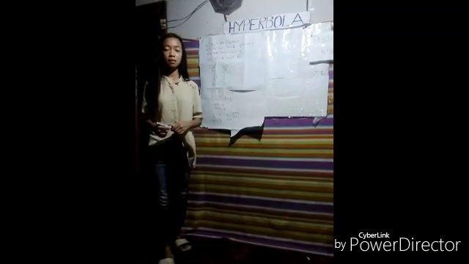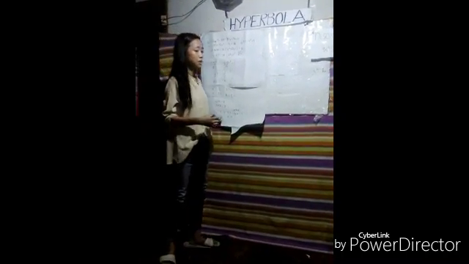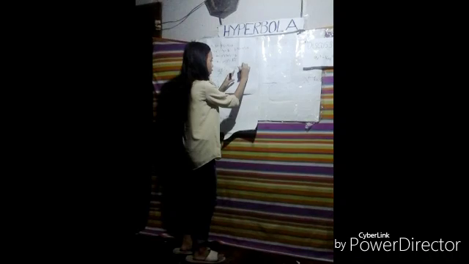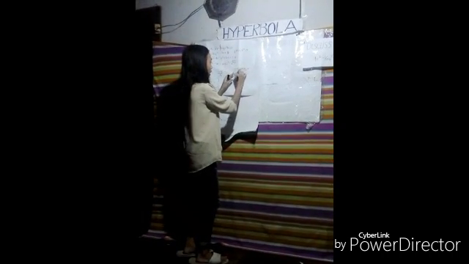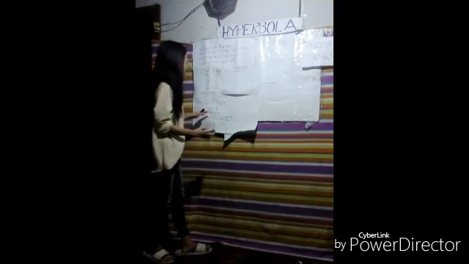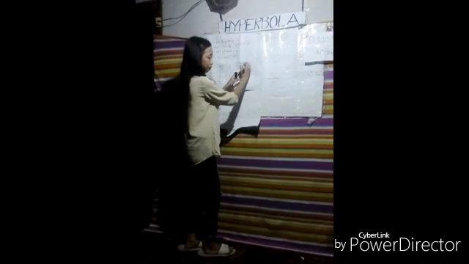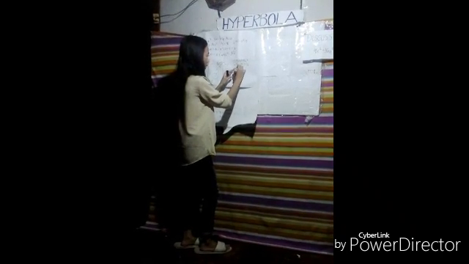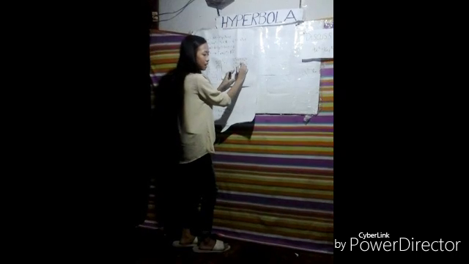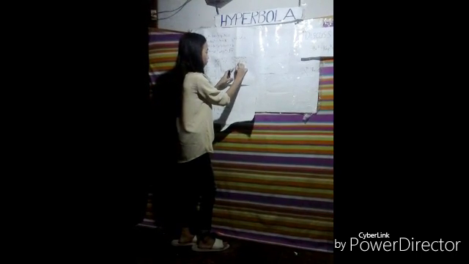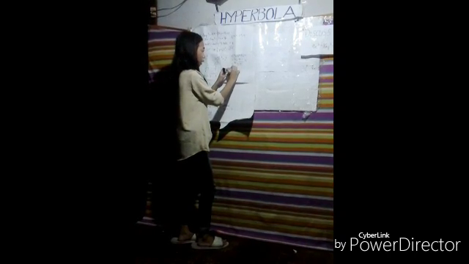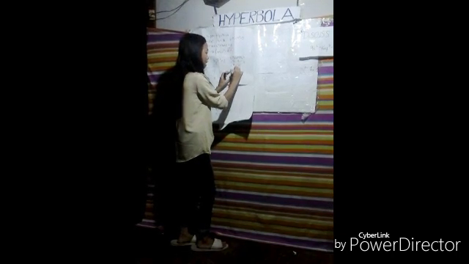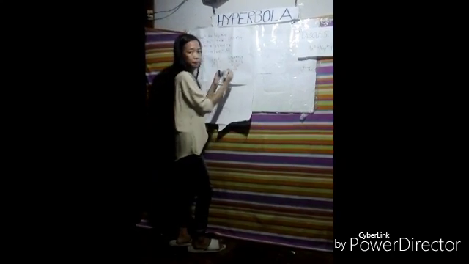To find the foci, we must follow the C formula. The C formula is C squared equals A squared plus B squared. C squared is equal to the value of A squared, which is 16, plus the value of B squared, which is 9. C squared is equal to 16 plus 9, which is 25. If we take the square root of 25, C is equal to plus or minus 5.